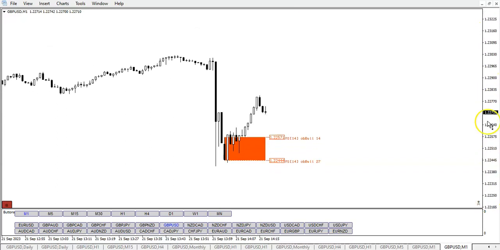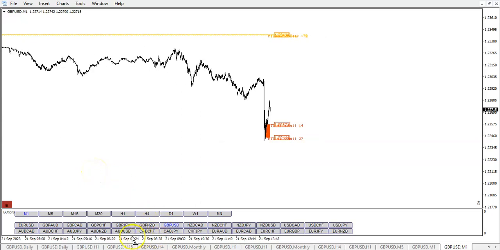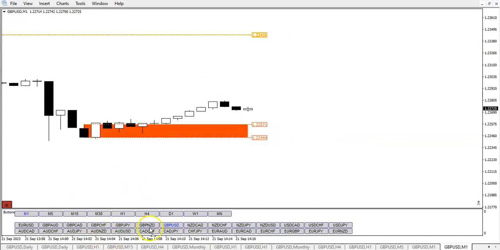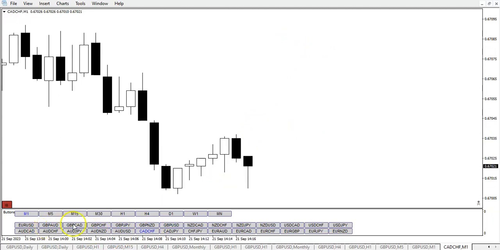And here's a bearish order block 822 minutes ago on M1. And we won't even be able to see how that was formed. Whoops, I think I just hit the wrong pair.